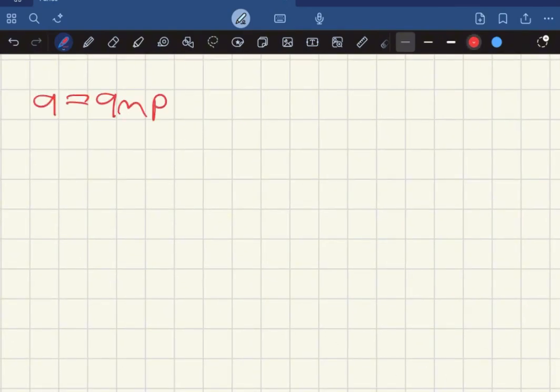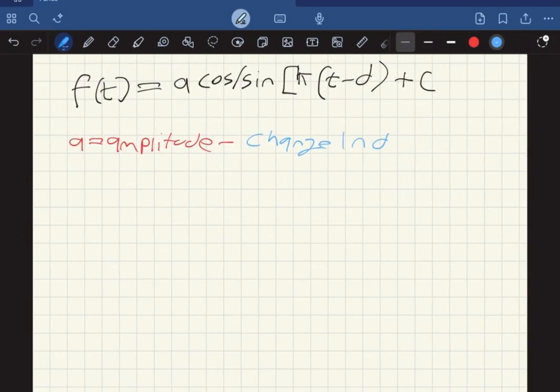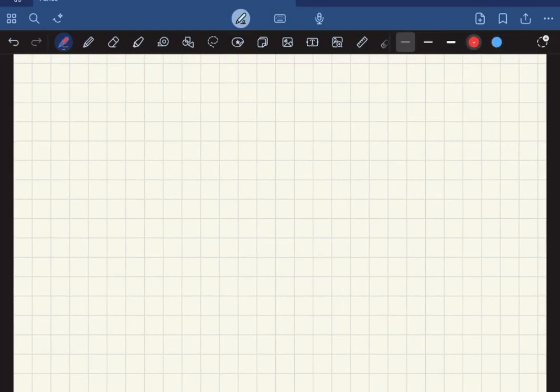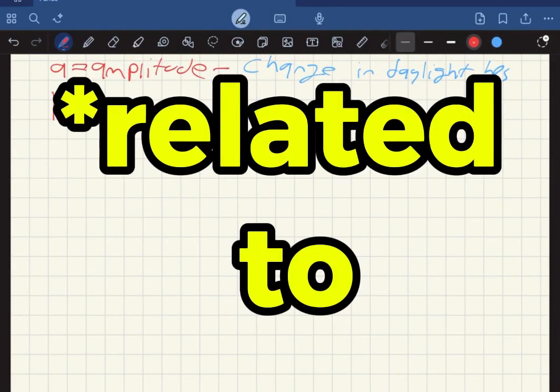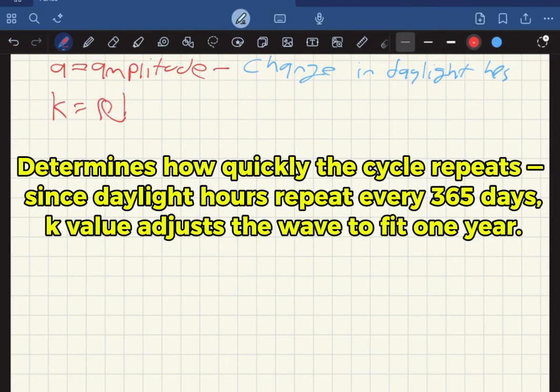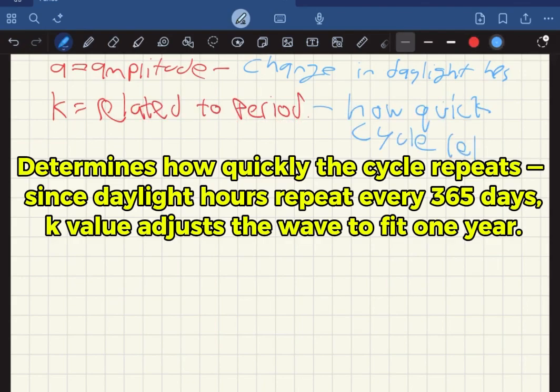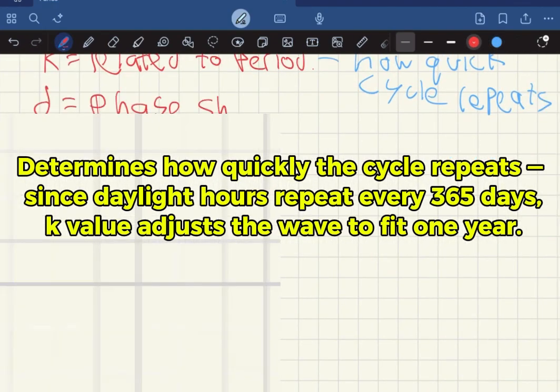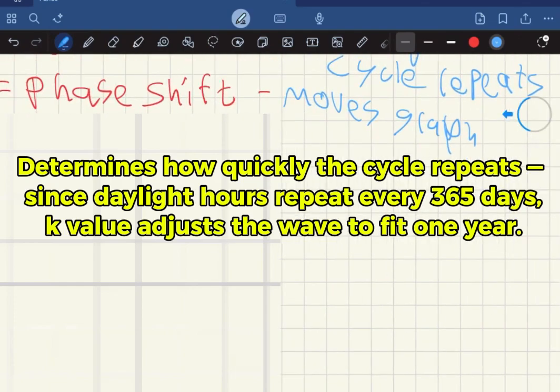The amplitude in this scenario is the change in daylight hours from the average, which is how far the daylight varies above or below the midline. K is basically the period. This determines how quickly the cycle repeats, and in this scenario the daylight hours repeat every 365 days. The k adjusts the wave to fit 1 year.